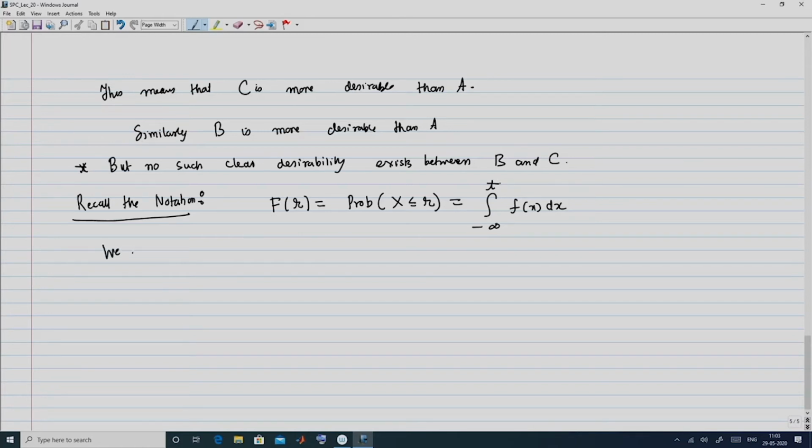And accordingly, we now begin our discussion on first order stochastic dominance, so FSD, with an illustrative example.